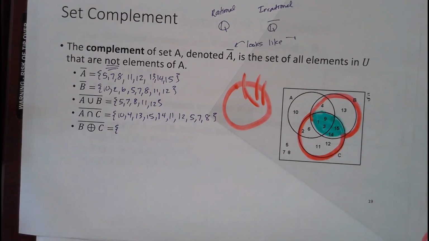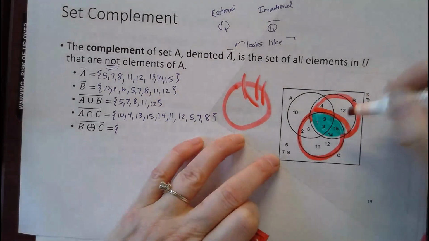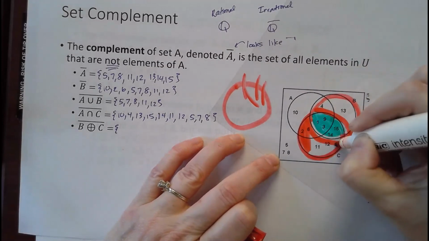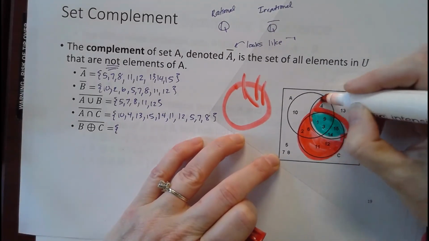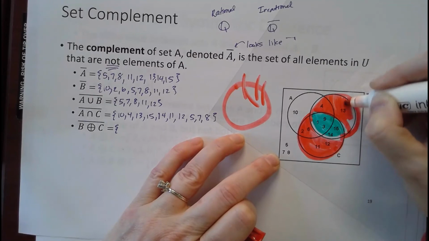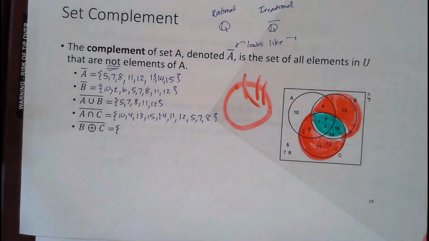B symmetric difference with C is everything I'm putting in red here. It's there and there. Right, that's the symmetric difference. Stuff that's in B or C, but not both. So what is in the complement of that?